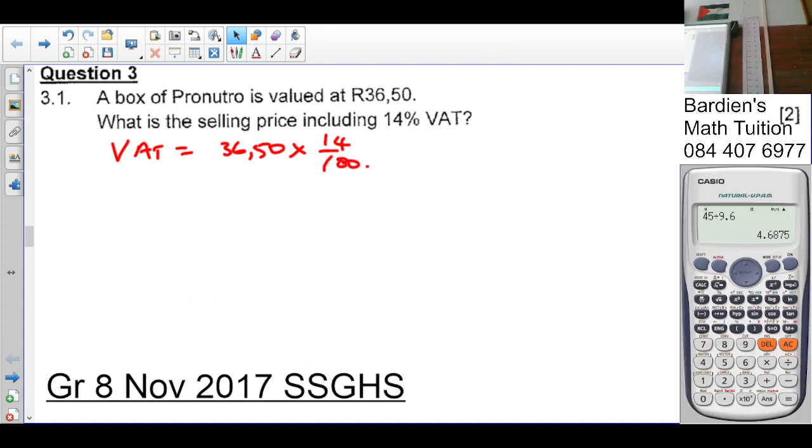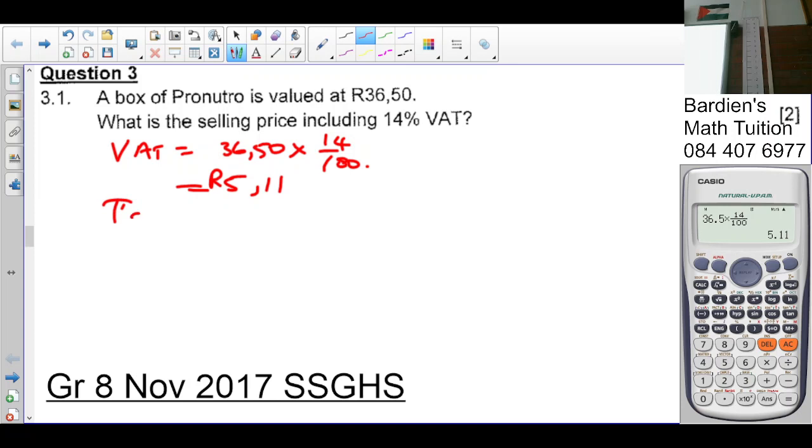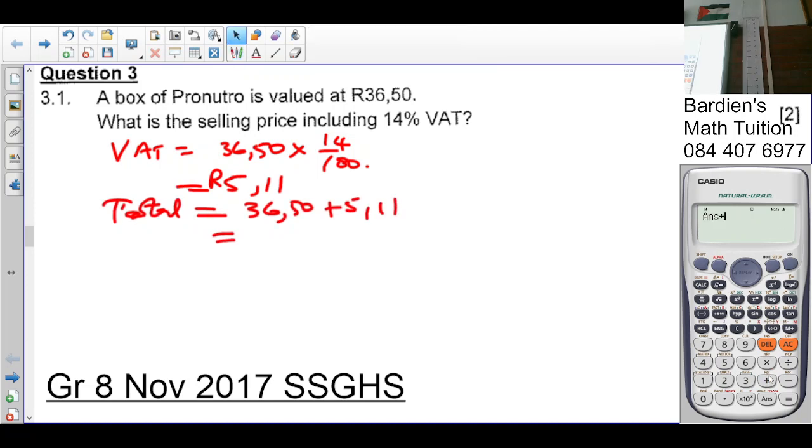Let's get the calculator. 36 Rand 50 cents multiplied by 14 over 100 gives us 5 Rand and 11 cents. So the total we will be paying, including VAT, is 36 Rand 50 plus 5 Rand 11 cents. That gives us 41 Rand and 61 cents.